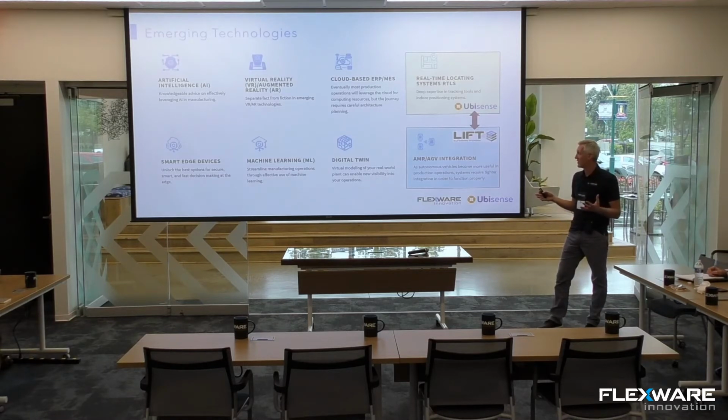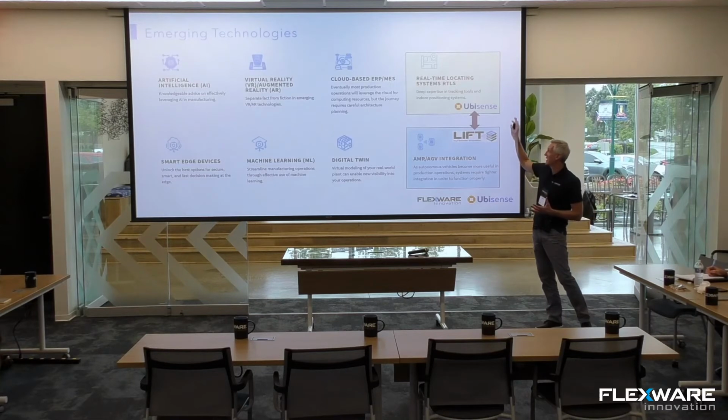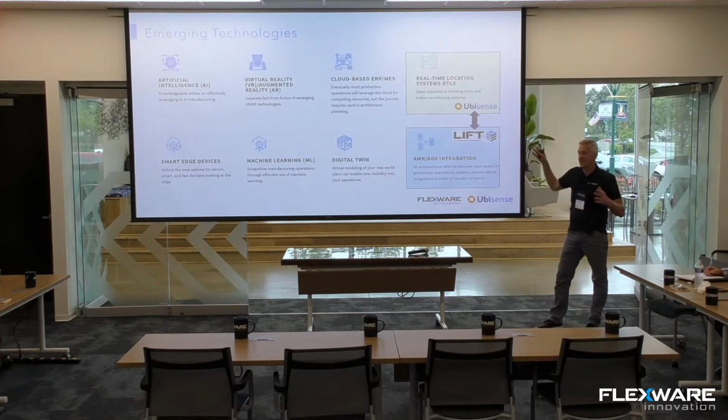So when you start looking at autonomous vehicles and the concept of location tracking, and you pair those two things together and you have the ability to communicate back and forth, it opens up a whole host of new possibilities. So we hope to be able to show you guys what that looks like today and maybe start some thinking in your mind about how this might apply to your use cases as well.